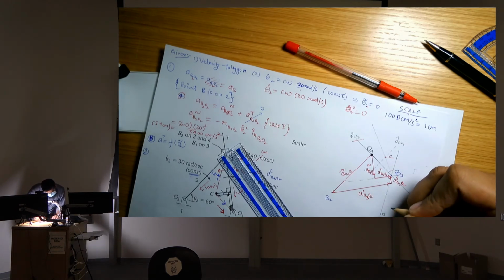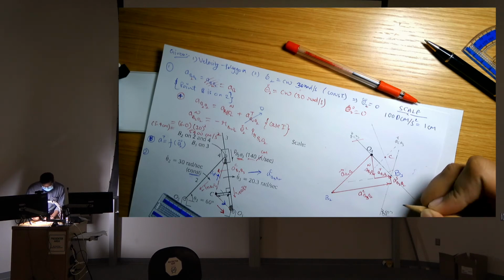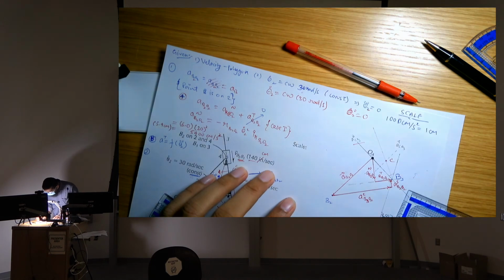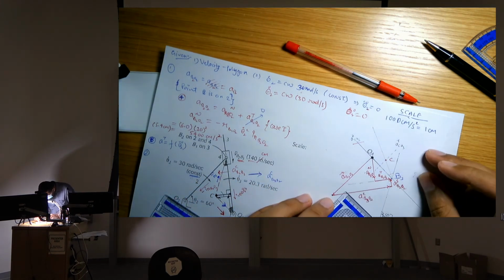This line gives you A_CB3 normal, and the tangential component would be perpendicular to this.